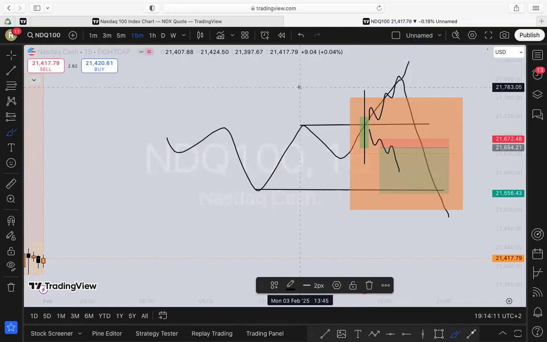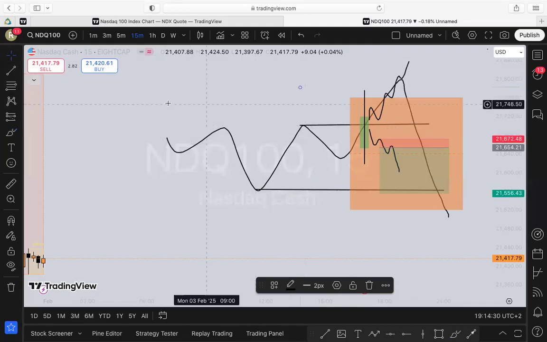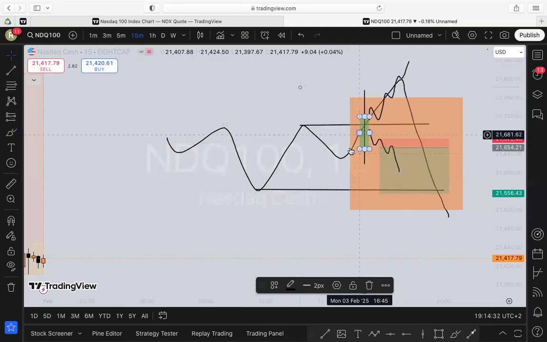Okay, let me try and explain. We wait for the market. We draw a line on the high of London and the low of London. Then when New York starts, we wait for the market to see if it breaks the liquidity with a full body candle.